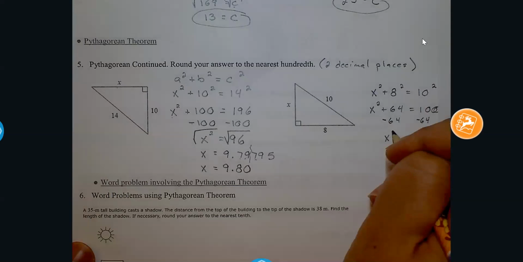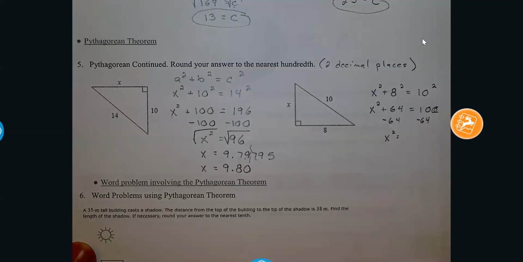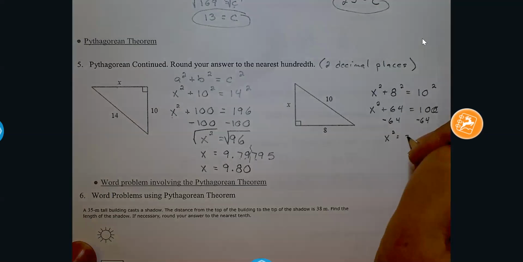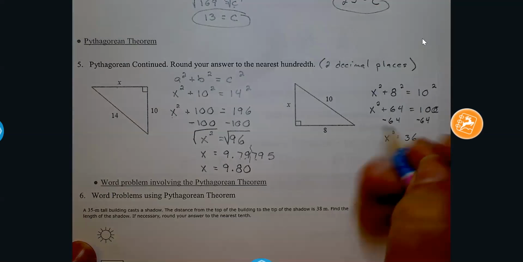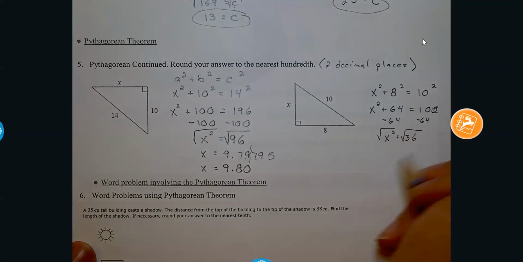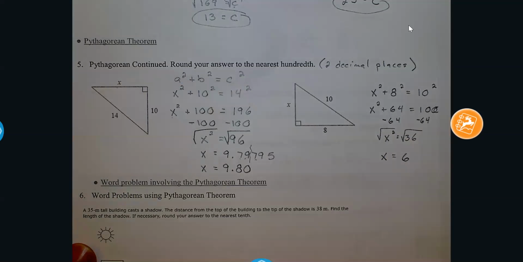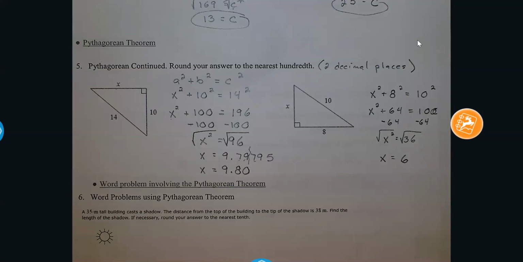So x squared equals 100 minus 64. In this case, it's 36, and that's a nice number because when we take the square root of each side, 36 is a perfect square, so that's just 6. We had the leg being 6. Now we don't have to round that because it's just 6.